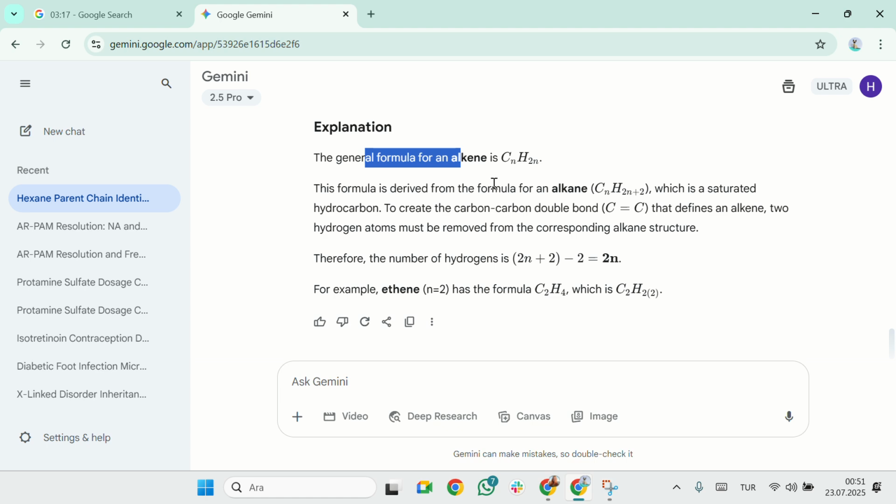The general formula for an alkane is CnH2n, so this makes sense now. This formula is derived from the formula for an alkene. Okay, this is alkane, this is alkene. Oh, okay, we just separated the hydrocarbon to create the carbon.